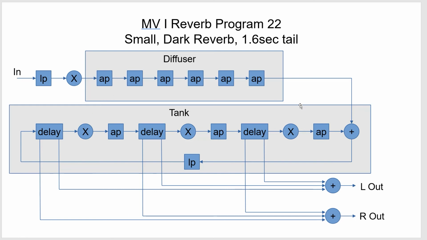And this particular flowchart is used for a lot of the reverb in there, which means all that he does is he doesn't change the algorithm, he just changes the coefficients. So let's look at a small dark reverb with a 1.6 second tail. Summed audio input goes through a low pass filter and a gain stage, and he drops the gain down.